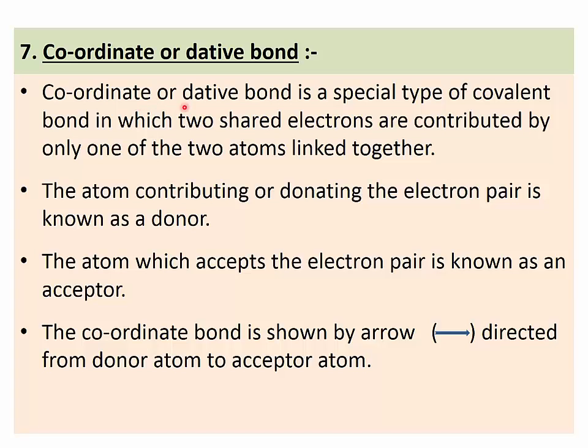A coordinate or dative bond is a special type of covalent bond in which the two shared electrons are contributed by only one of the two atoms linked together. Got it? So only one atom donates the electron pair. The atom donating the electron pair is known as a donor.